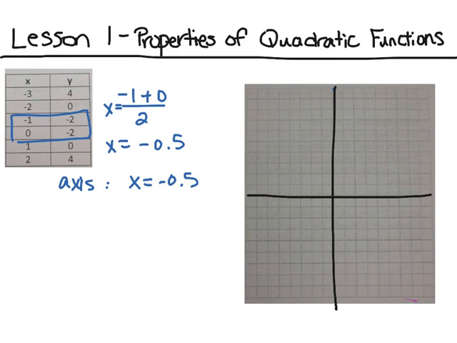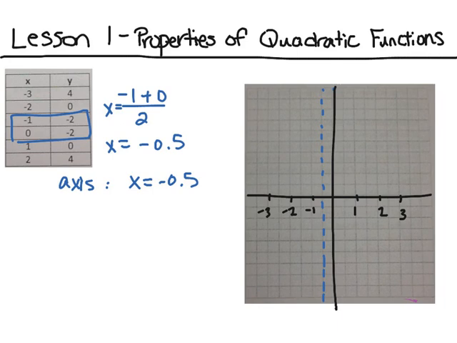So let's say every two spaces is 1. One, two, three. And we'll go up by 1. So our axis of symmetry, we know, is at -0.5. And we're going to plot all of our points.